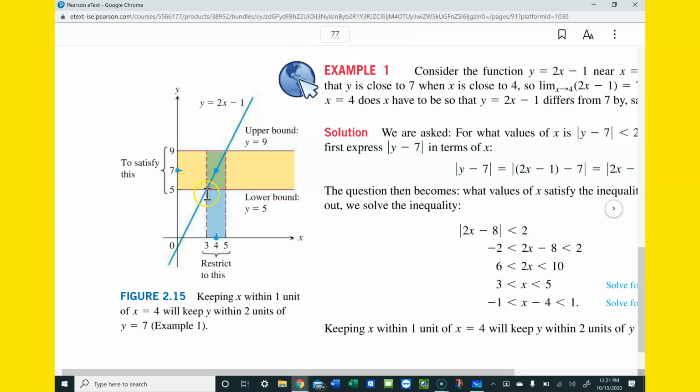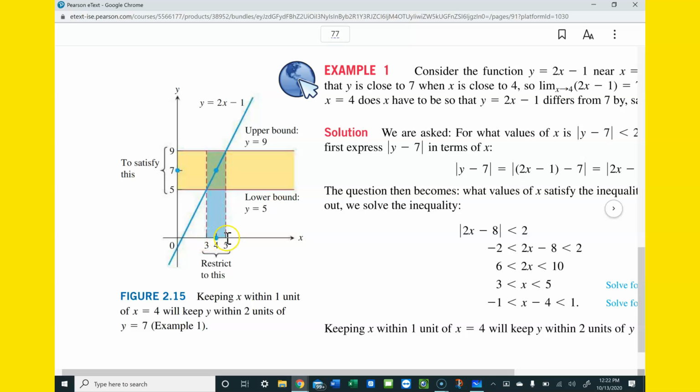So let's say the skeptic just produced this doubt, and he said, well, if you get within 2 units of 7, you don't know that it might not jump around and be not close to 7 here. It might go beyond that. It might go higher or lower.